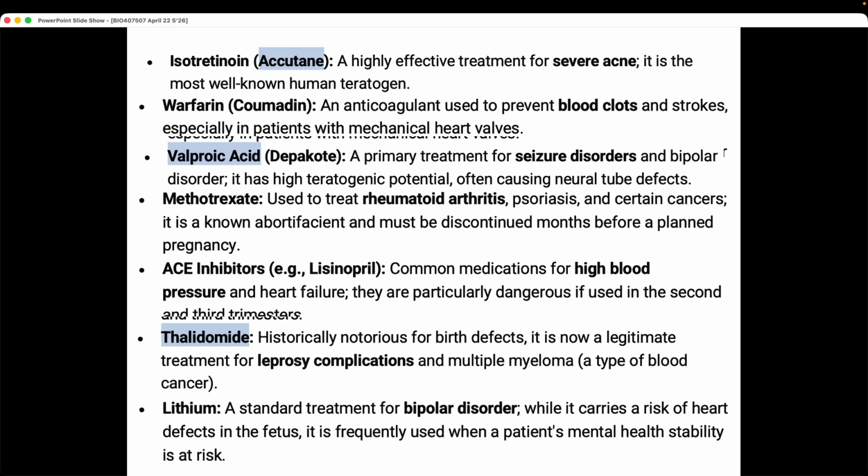So that also is used some now as a medication, but just being careful to avoid exposing the developing fetus during the sensitive periods like that.